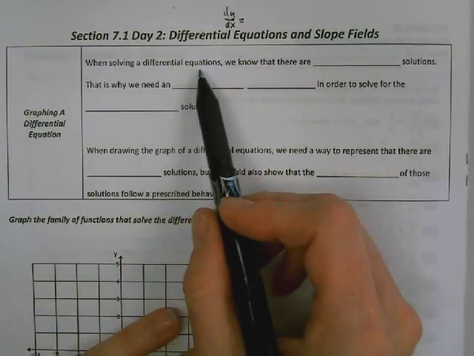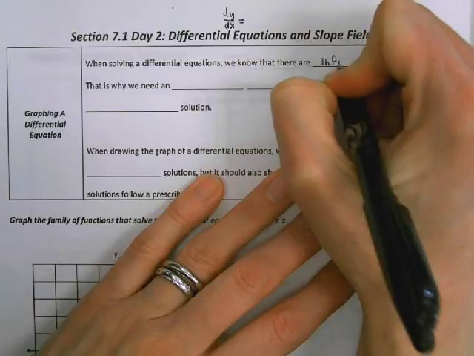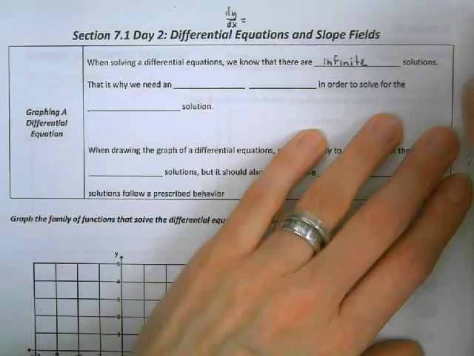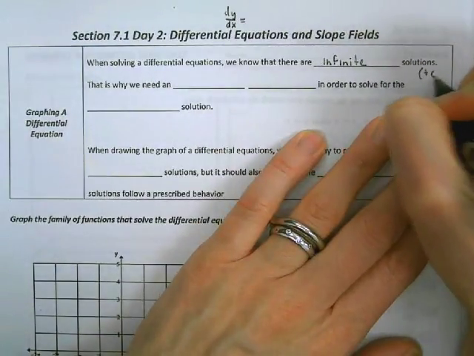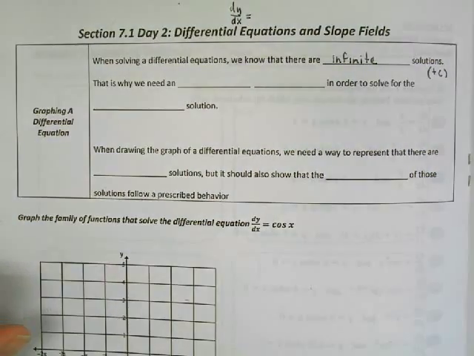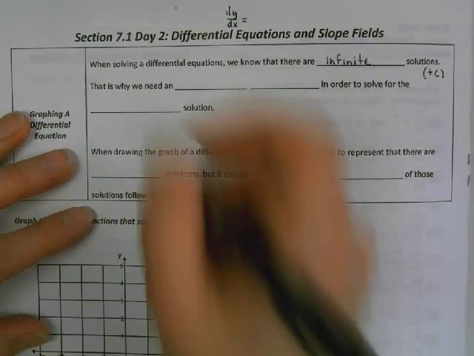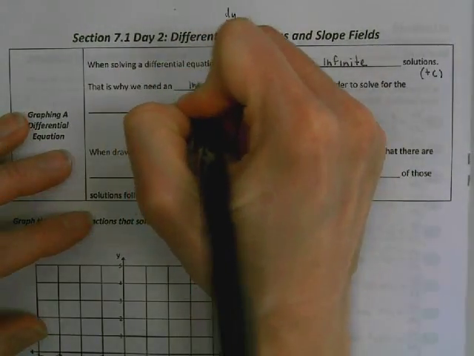So when we're solving differential equations, we know there are infinite solutions, right? Because we know we always put the plus c at the end. So this is why we need an initial value in order to solve for a particular solution.